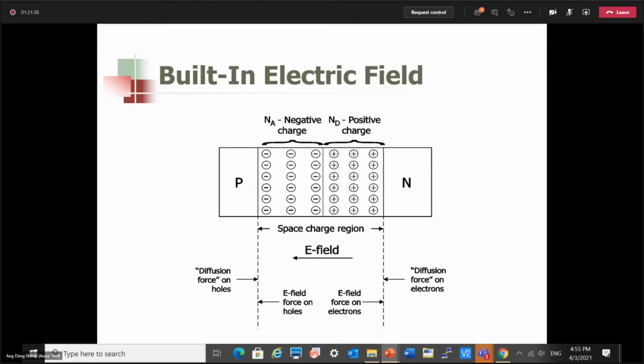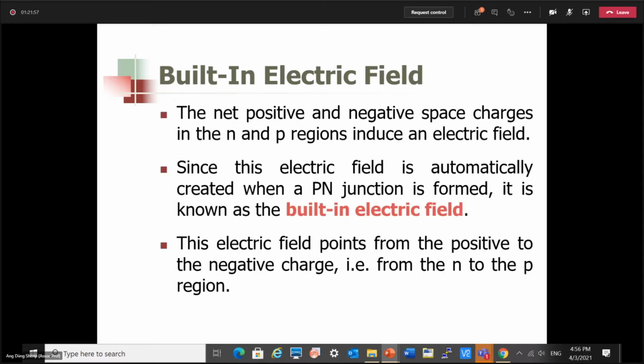So that is the purpose of the built-in field. It serves to create an opposing drift current that eventually cancels out the diffusion current at thermal equilibrium, so that the net current flow across the junction is zero at thermal equilibrium. So take note of the term built-in electric field. I have introduced this term to the 2 tutorial classes that I taught last week.